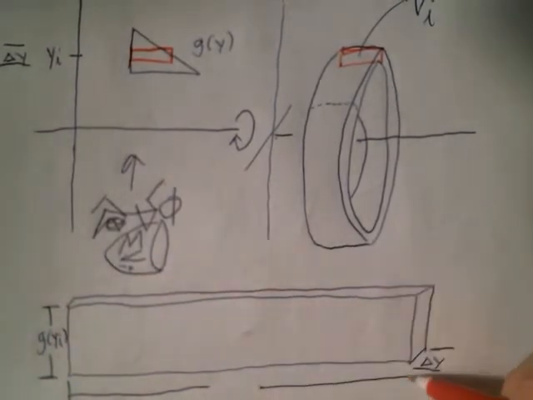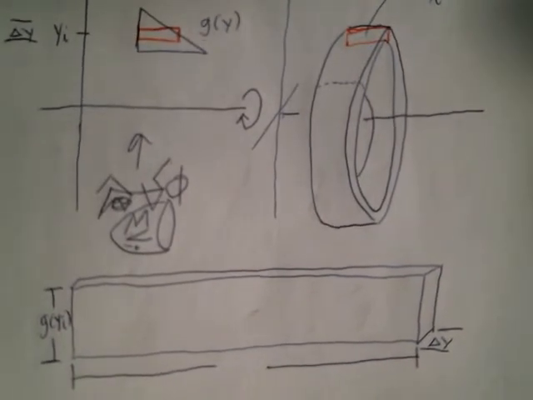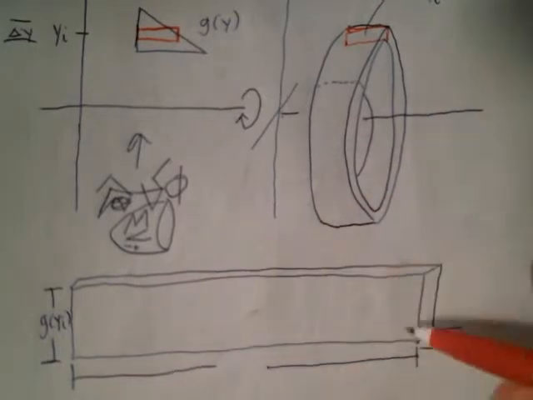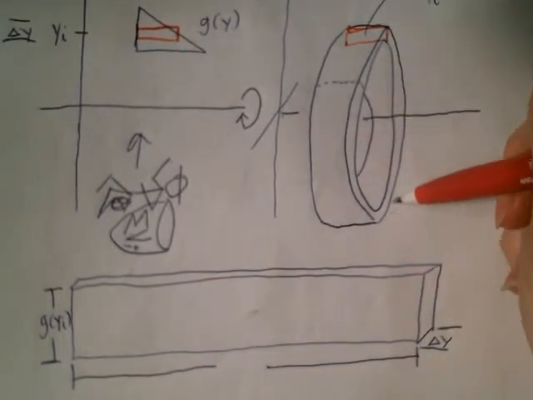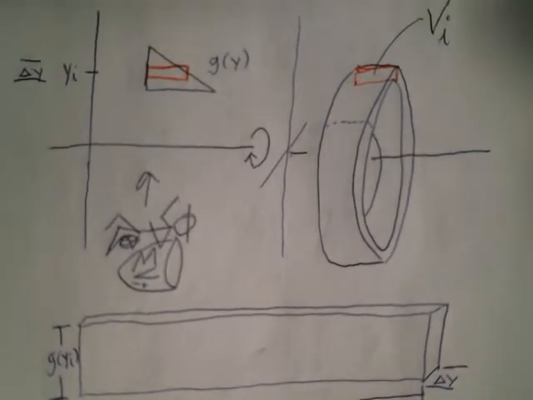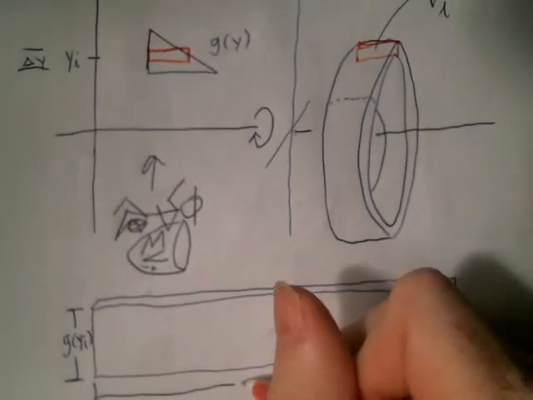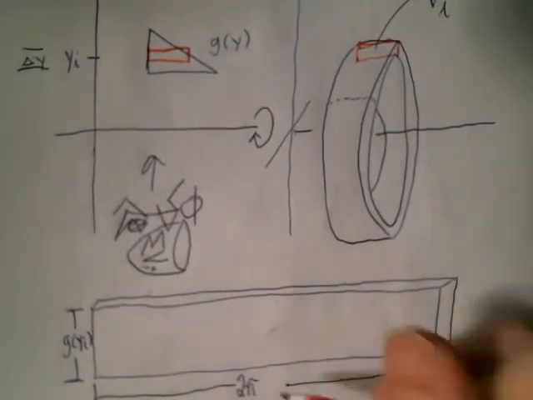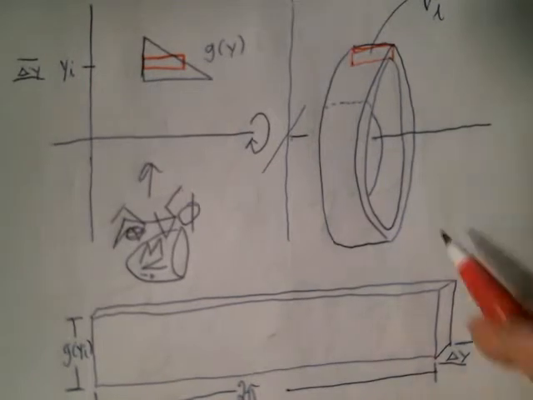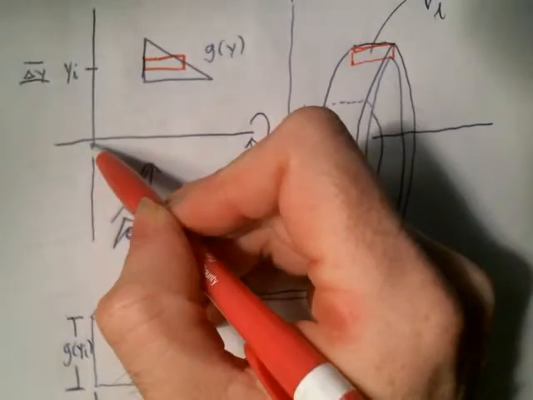And I claim I kind of know this length via my knowledge of circumference of circles. Because this length here is just the circumference of this circle. So the formula for the circumference of a circle is 2 pi r. So it's like 2 pi times the radius of the circle. The radius of the circle is just the length from here to here.